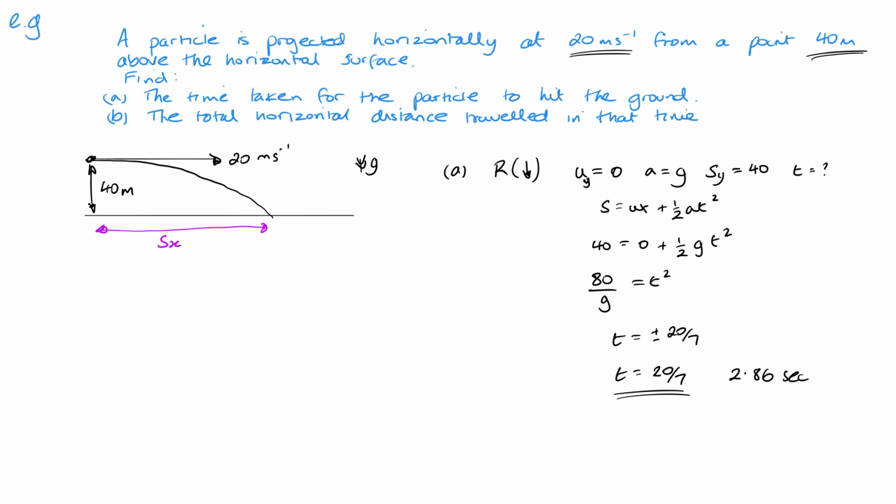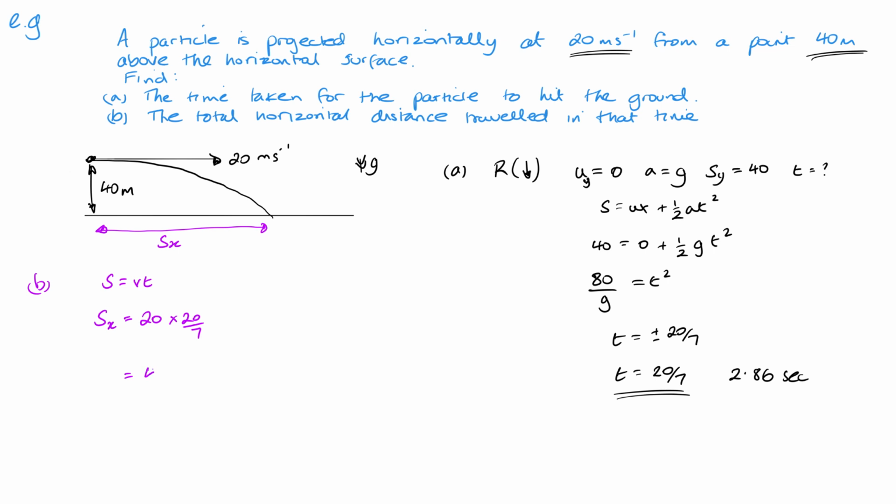Now if you remember, for the horizontal one, I said we need basically distance equals speed times time, or speed equals distance divided by time, however you want to rearrange that, or s equals vt, or s equals ut. It doesn't really matter. So we want this horizontal distance. We know that velocity is 20, and now we know the time, and the time is this 20 over 7.